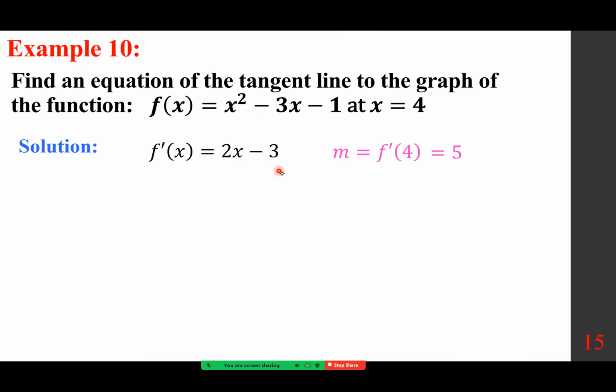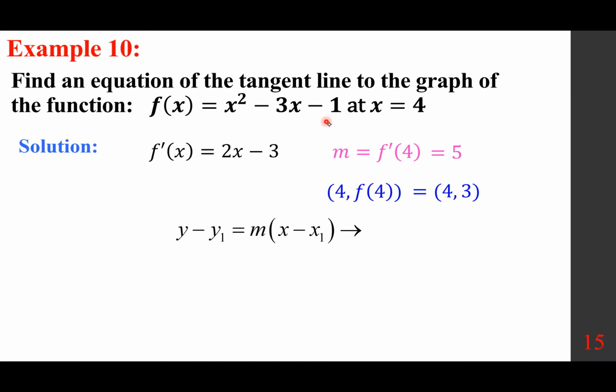The pair 4 comma f of 4, if I plug in 4 here, I get 16 minus 12 minus 1, I get 3. And now I can use the point slope. Y minus y1 equals m times x minus x sub 1. So y minus 3 equals 5 times x minus 4.